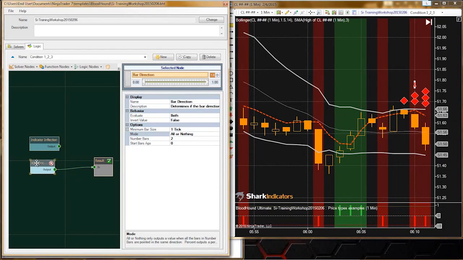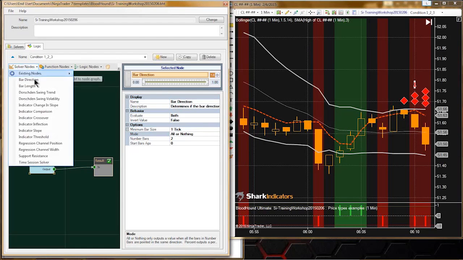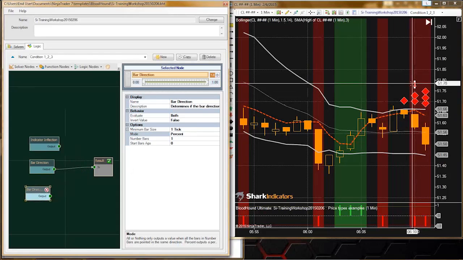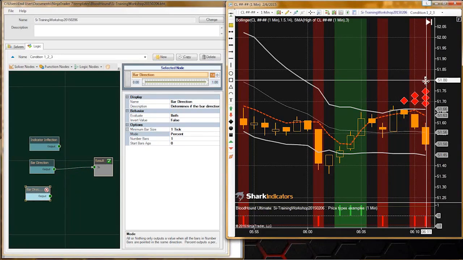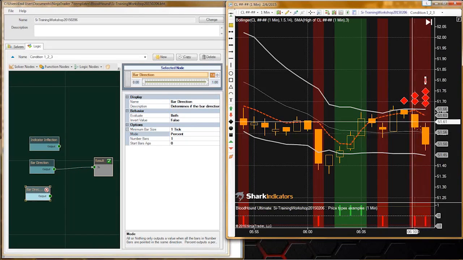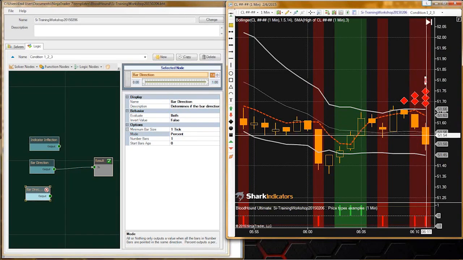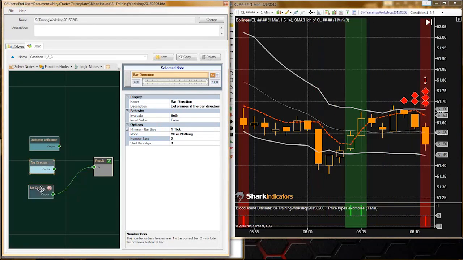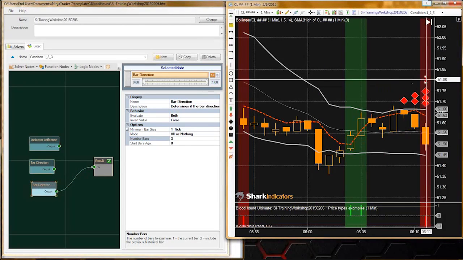And I'm just going to grab another bar direction, because our third condition is essentially we want a second bar, a second down bar. So, right, just to make something up off the top of my head. All right. So there's our third condition here.